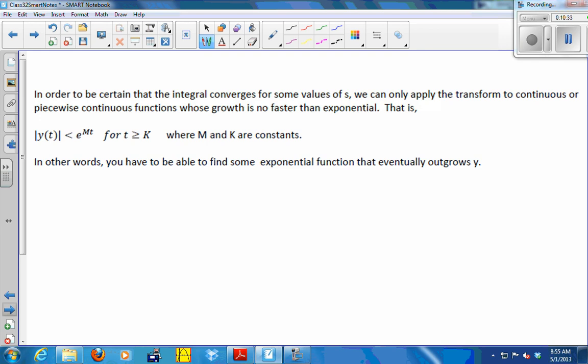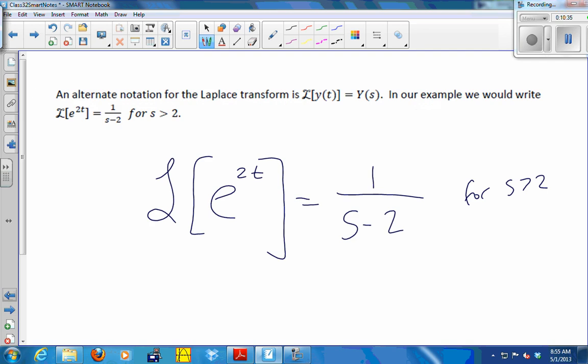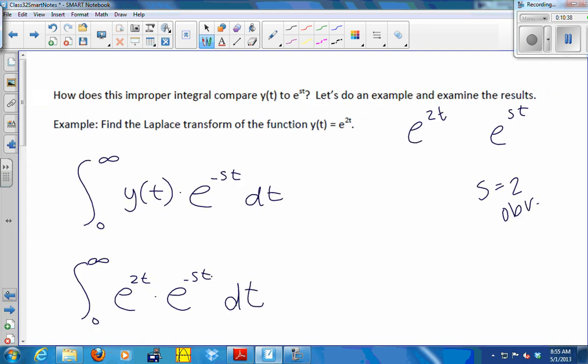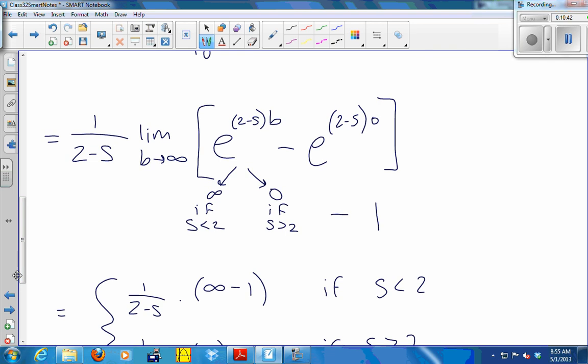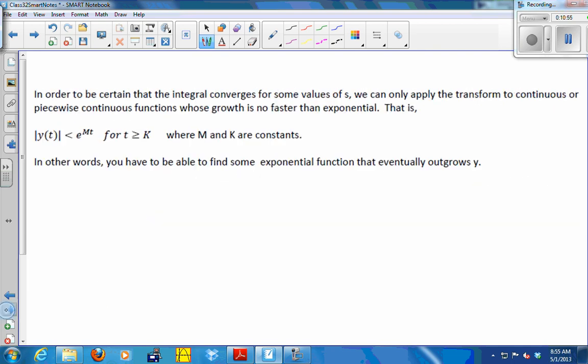Okay, because when I did my calculation of the improper integral, this piece that it goes to infinity or it goes to 0, it has to go to 0 sometimes. If it doesn't, then you're not going to ever get convergence. So the way we can ensure that it goes to 0 is if we say the growth of whatever function I'm given can't be any faster than exponential.